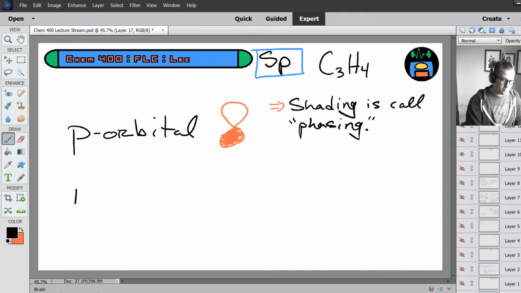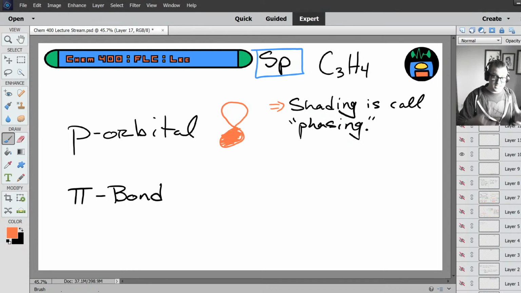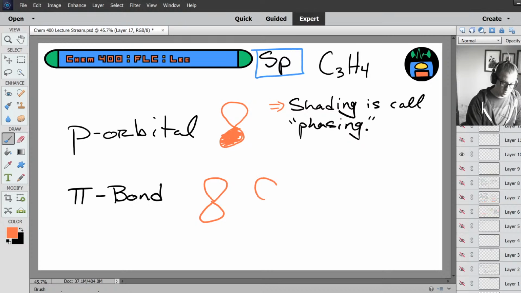And because a pi bond is kind of derived from the mixing of two p orbitals, because a pi bond comes from the indirect overlap of one p orbital with another p orbital.